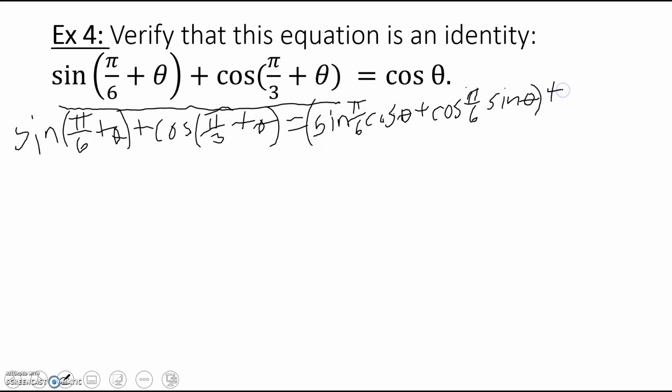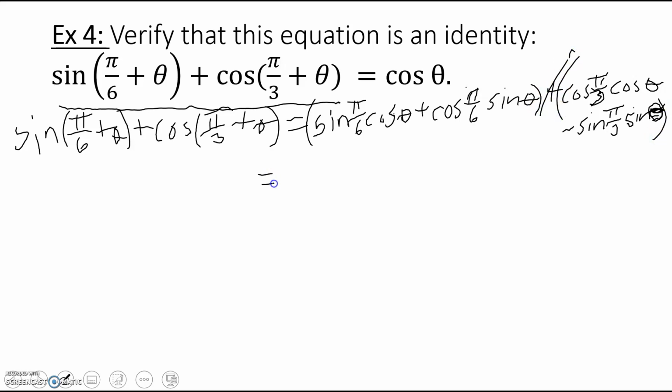Then we have a plus in between there, and then I'm going to use the sum identity for cosine for this second one, which is going to be cosine of pi over 3 times cosine of theta, and I'm going to run out of room, so I'm just going to write it underneath here, and that's a 3 in the denominator, and that's going to be minus sine of pi over 3 times sine of theta. That's a sine of theta at the end, y'all. Okay. And that's in parentheses as well.